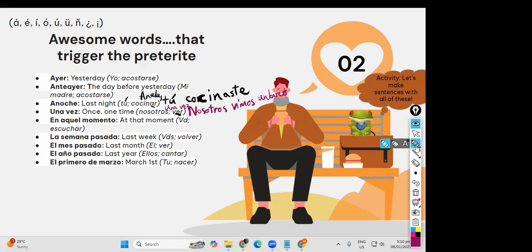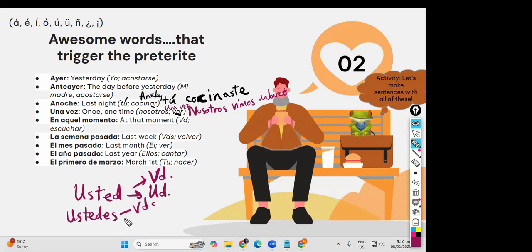It's actually both. So usted is shortened both ways, Ud. It's also shortened with Vd., and it's written out as usted. Same for ustedes, Vds. as well as Uds. I use both because I want you to be familiar with both.